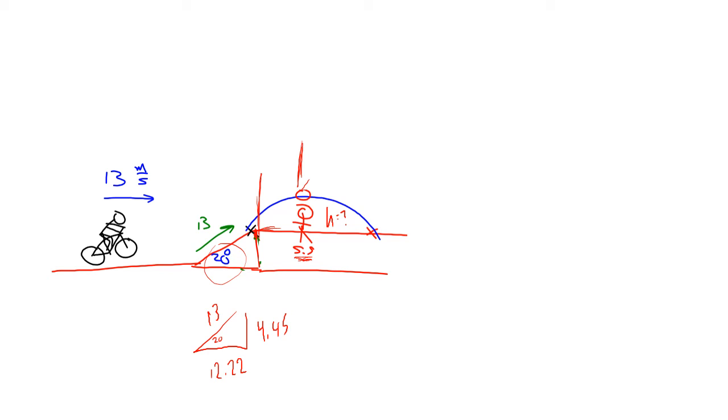Because we need time at this critical moment. Now you're traveling at 12.22 horizontally, so that means that our distance divided by velocity is time, so distance is 5.5 divided by 12.22.